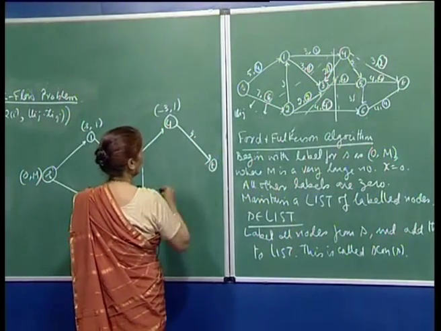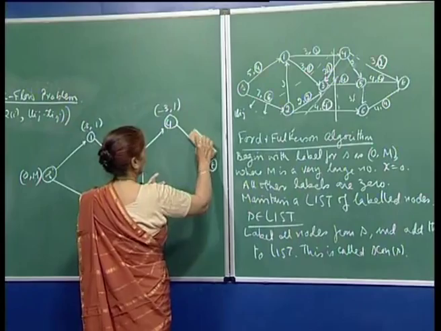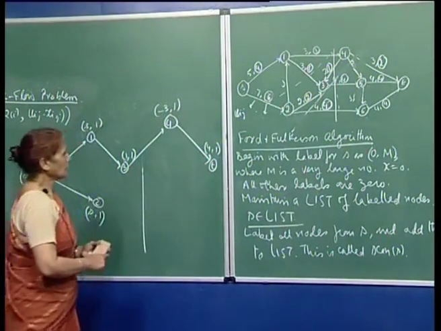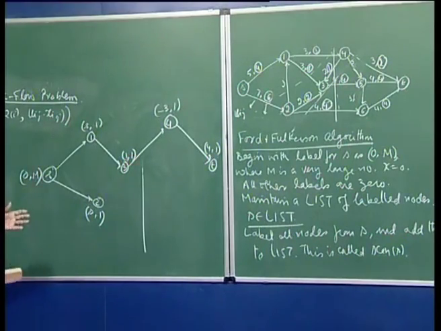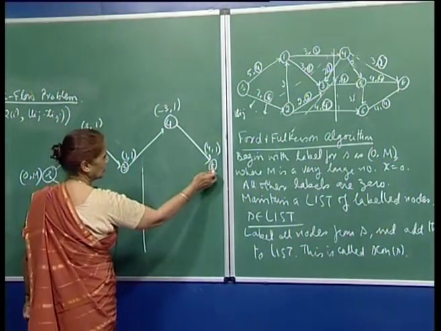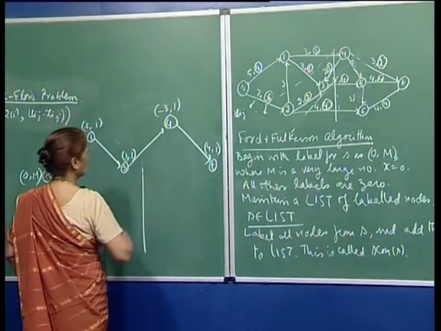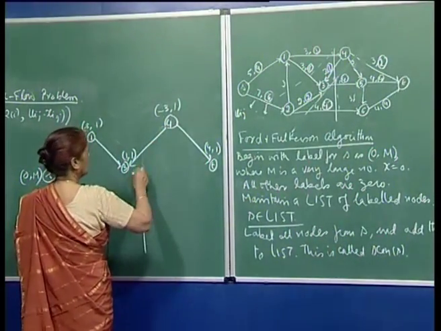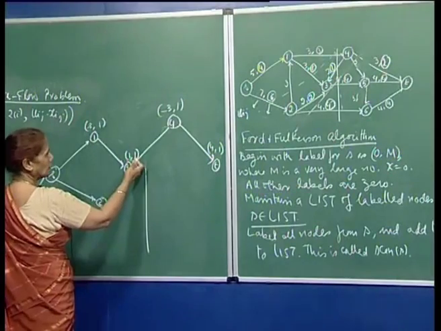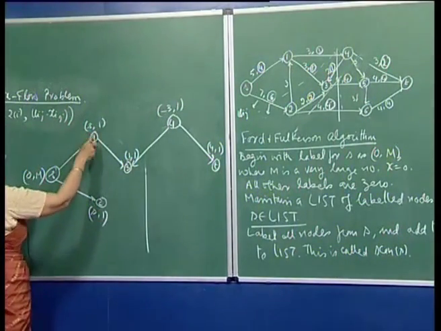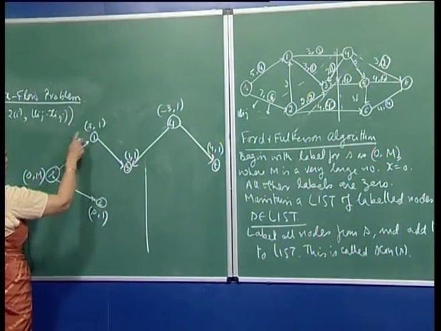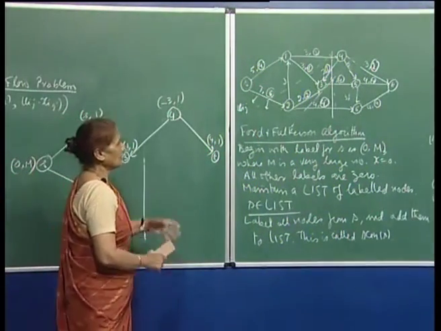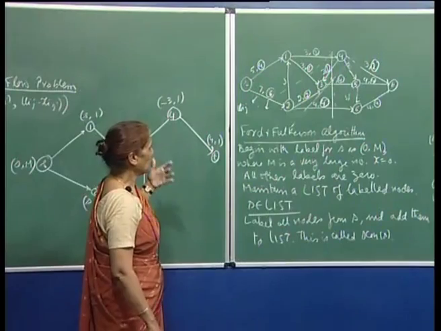Of course right now the label would be 4 and 1. So once again you have labeled T, and the augmenting path is you are coming here from 4, this is backward minus 3, then you are coming here to 1, and from 1 you are coming from S. So this is another augmenting path, and your total flow will go up to 11 units.